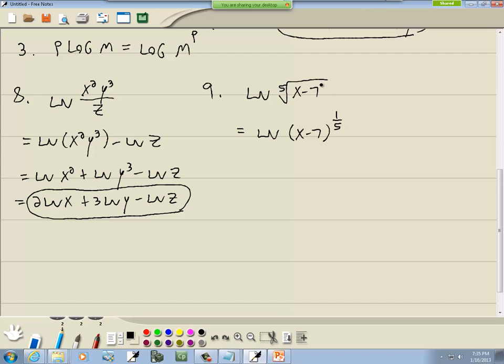Whatever power is inside, if there is one, goes on top. And if there isn't one, you just put a 1. Well, here we got something to a power. We can take the power and put it out in front. So that becomes 1/5 natural log of x minus 7. Now we'd like to have the x by itself and a 7 by itself, but there's no property that allows us to split that apart. So that's our answer.